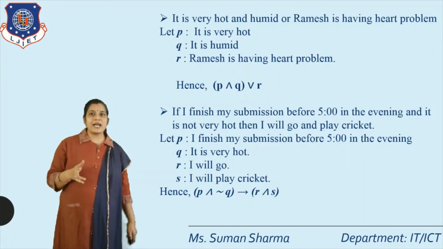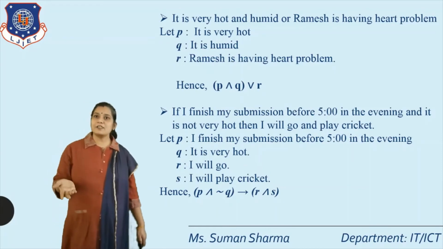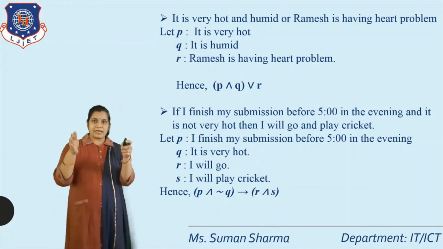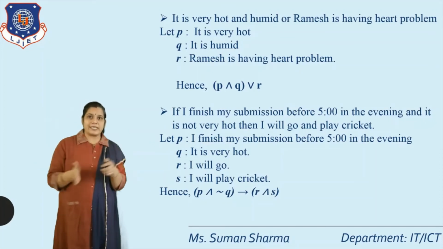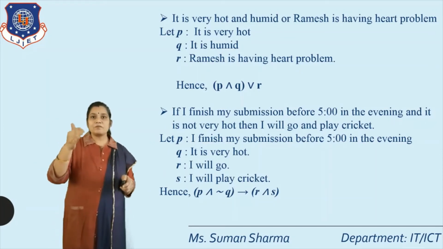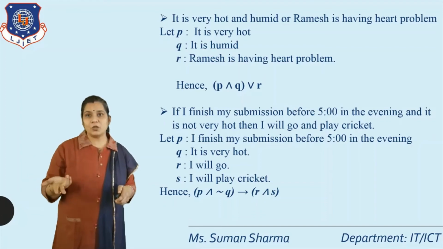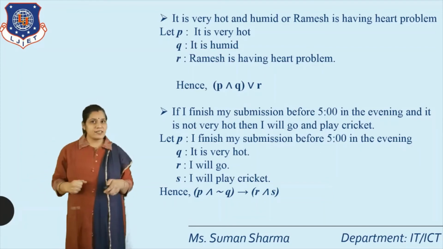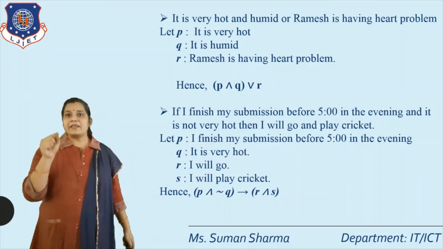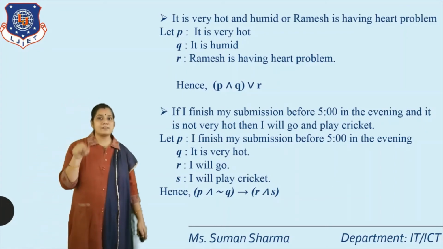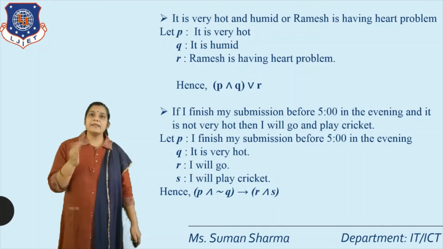So what do we write here? Here we write the negation of Q. Okay, so your first bracket is P conjunction negation Q, and the bracket close. After that, we are given the word then. Okay, so we write here the implies sign, and again open a bracket, I will go. So we consider a small r, I will go and play cricket.